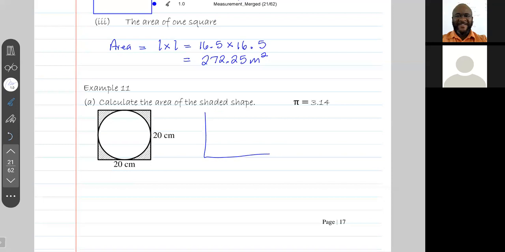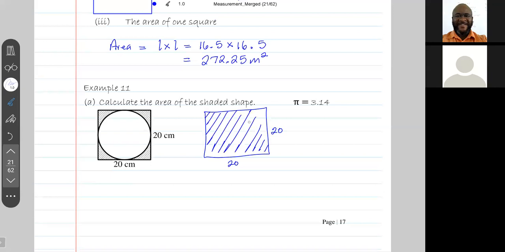But let us say I have my square. If I multiply, let us say 20 by 20, I'm going to get 400. So all of in here is 400. But I don't want the area for all of it.